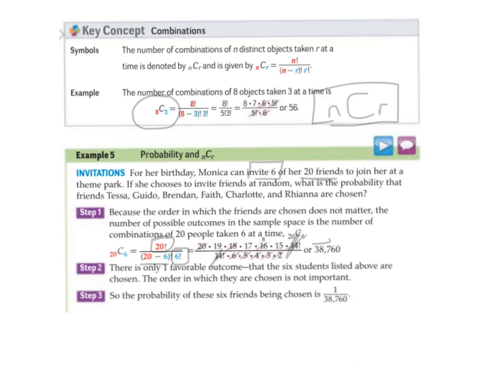So for instance, if I do 6 times 3, I get 18. If I multiply 5 times 4, I get 20. As you can see, they're slowly cancelling things out until you finish up with whatever is left to be multiplied, and you get 38,760, and you know that you have to invert it, so it's 1 over 38,760.